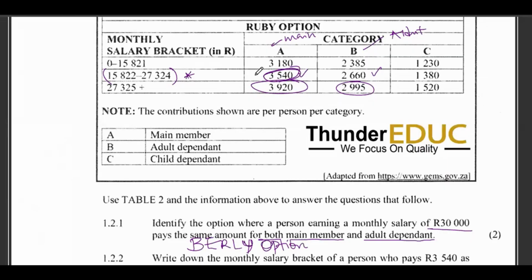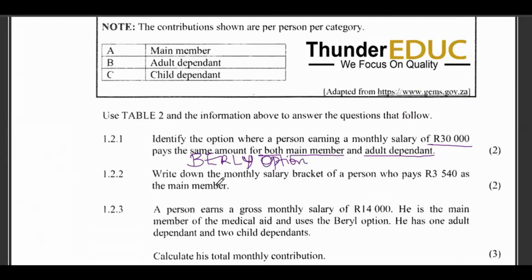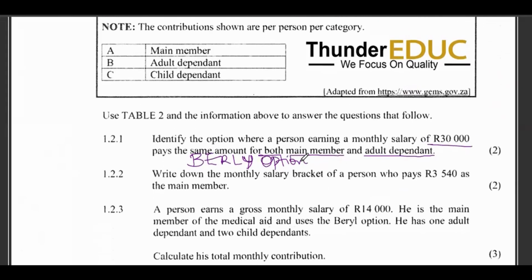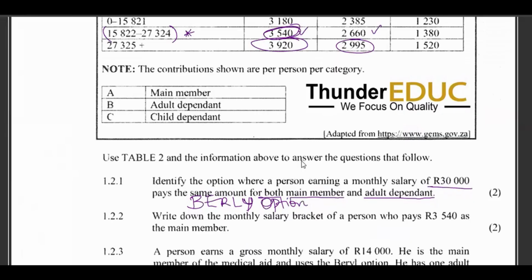Write down the monthly salary bracket. So it's from 15,822 to 27,324. We are writing down the bracket.